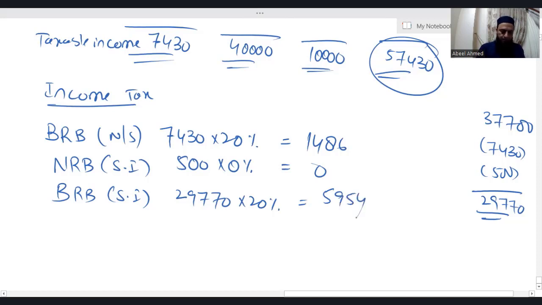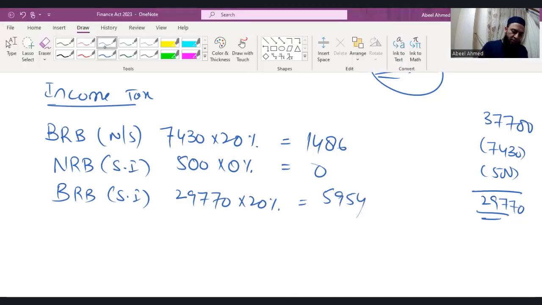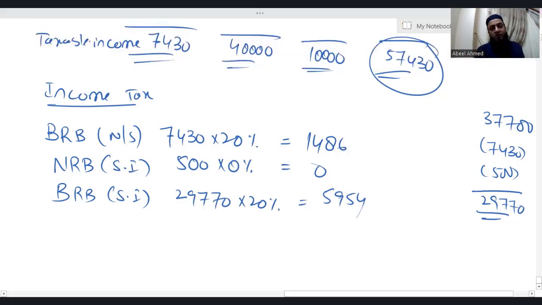5,954. Okay, now out of 40,000, let's see how much of the saving income falls in the higher rate band. Saving income total is 40,000. Out of this, 500 we have taken in the nil rate band and 29,770 in the basic rate band. So 40,000 minus 500 minus 29,770.